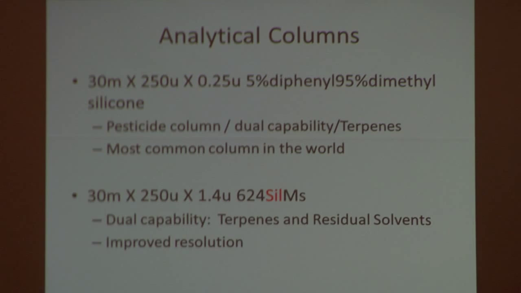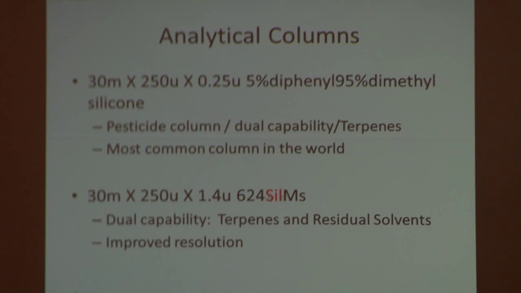Now, the most common column used for terpenes and pesticides and cannabinoids is a 5% diphenyl, 95% dimethyl silicone. But that's not going to do much for the residual solvents at all. So my preferred column for this is the 30-meter column, which is a 1.4 micron thick film of a 624 stationary phase that has Sil MS on it.